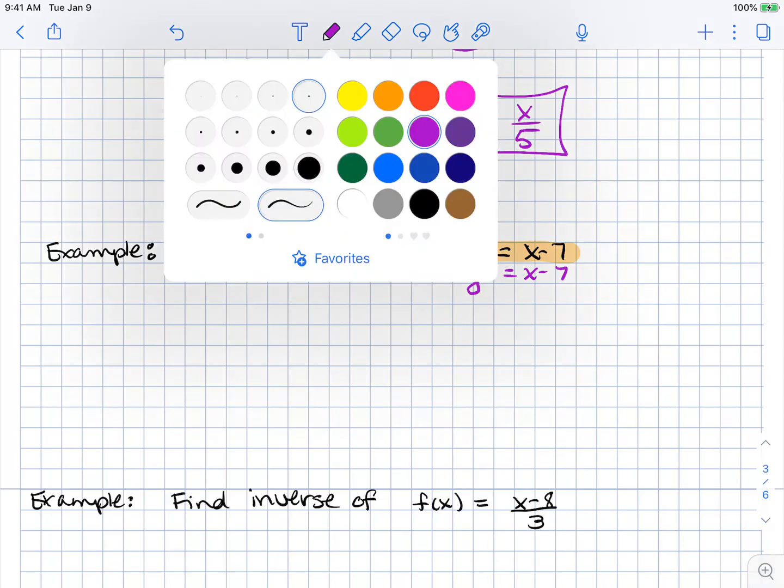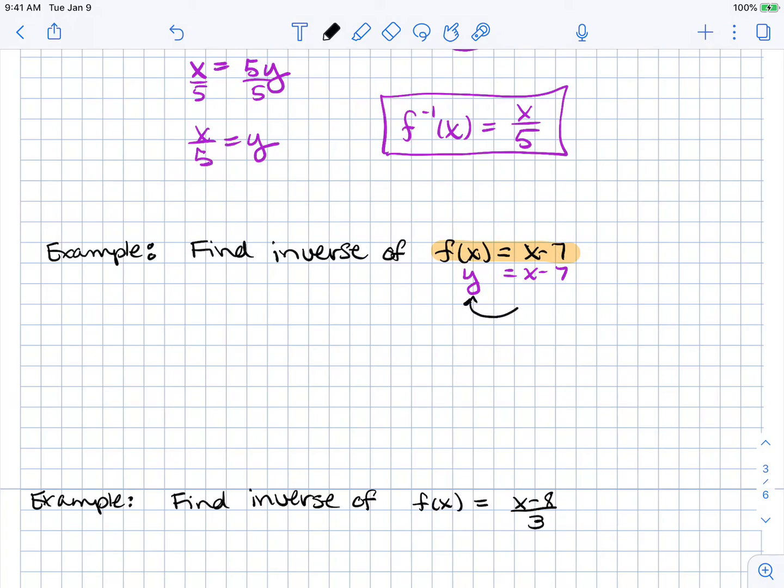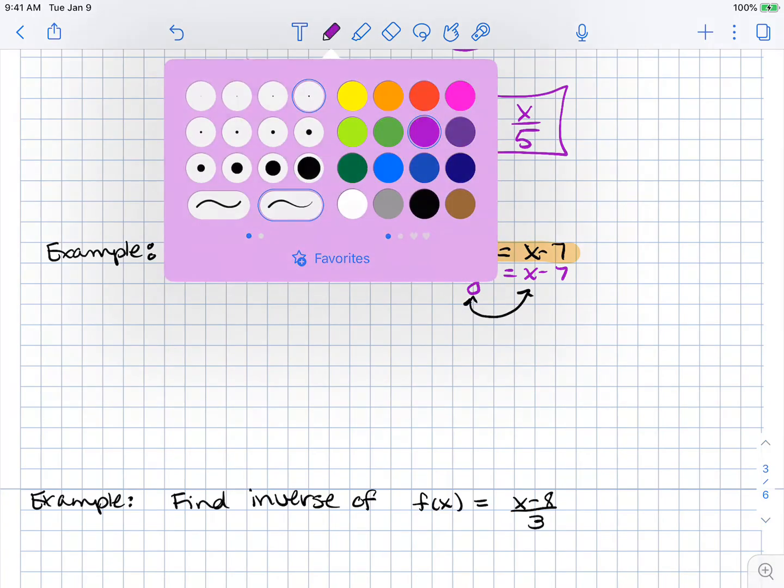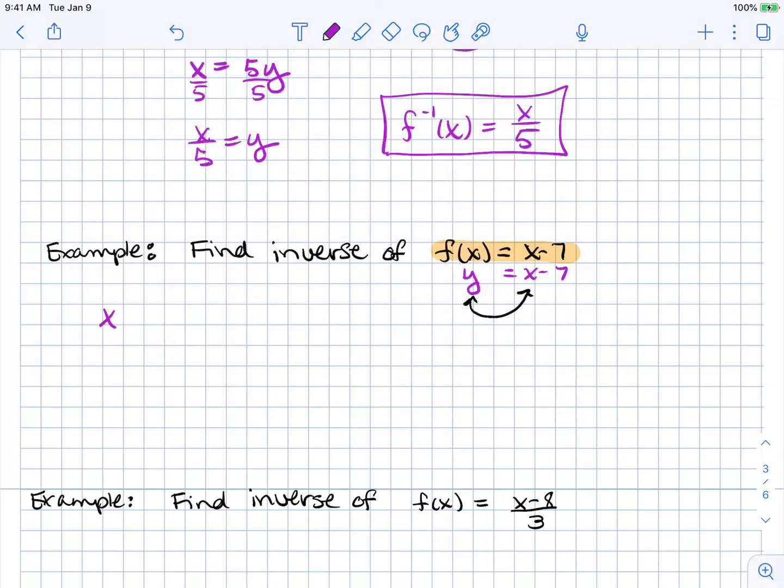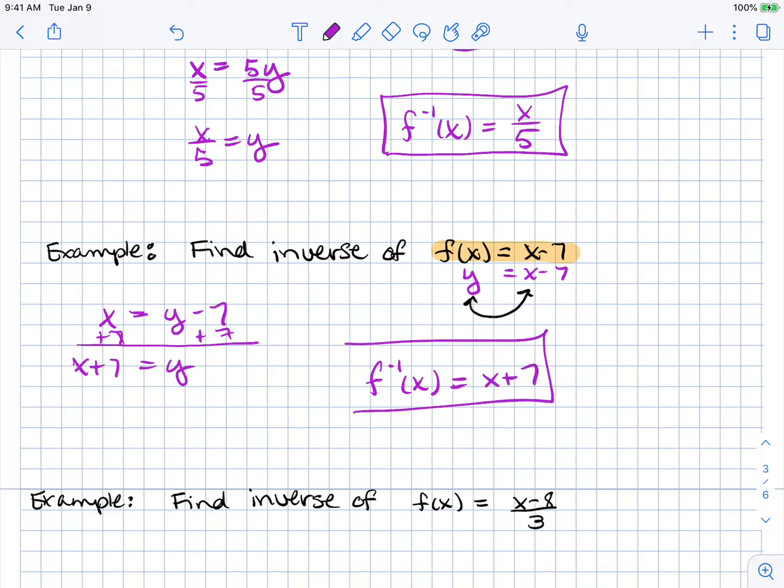I write down x equals y minus 7, and I'm still solving for y. I add 7 to both sides, and I get x plus 7 equals y, but I want to write this in inverse notation, so f to the negative 1 of x equals x plus 7.